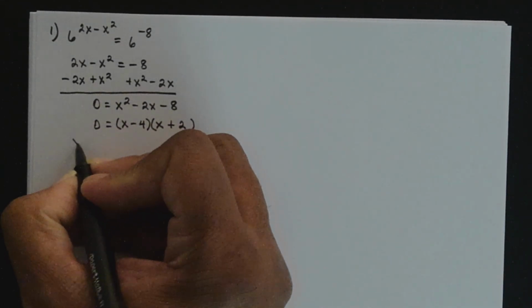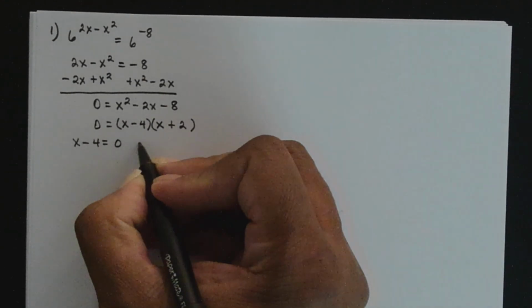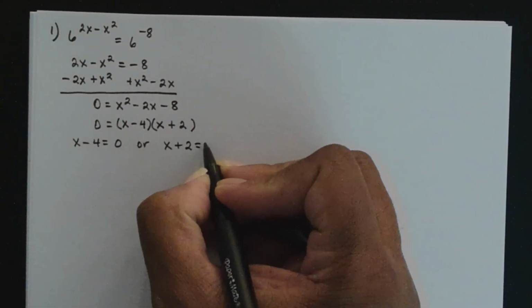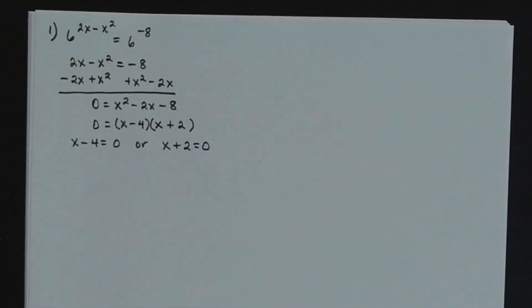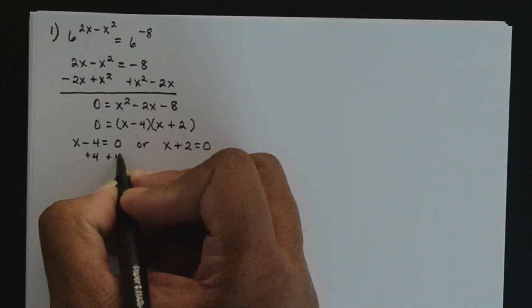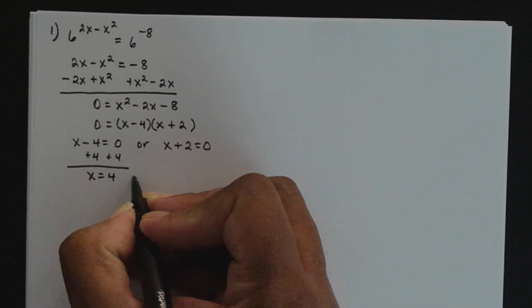And then we set each binomial factor to be equal to 0. So it'd be x minus 4 equals 0 or x plus 2 equal to 0. And then we solve each equation for x. So for the x minus 4 equal to 0, we're going to have x equal to 4.